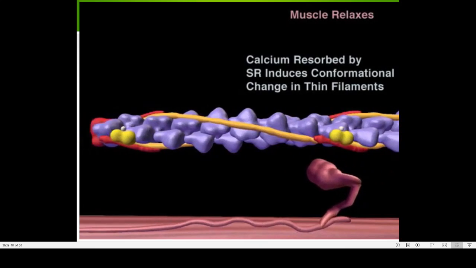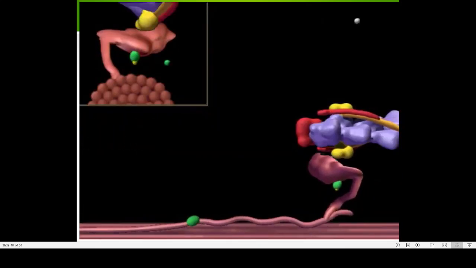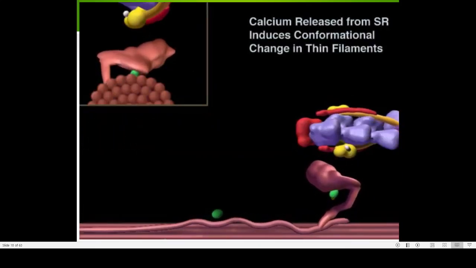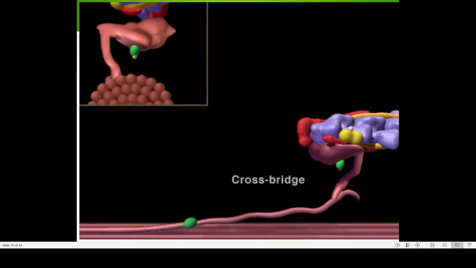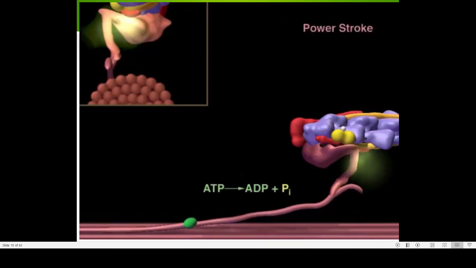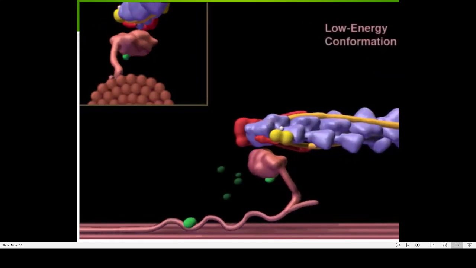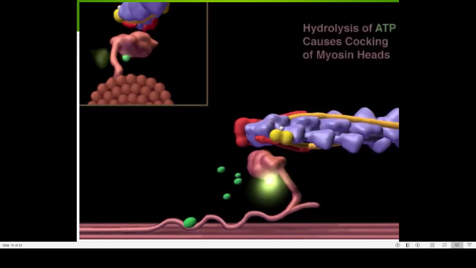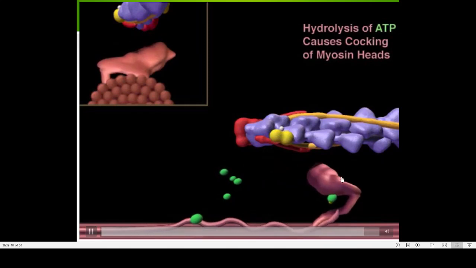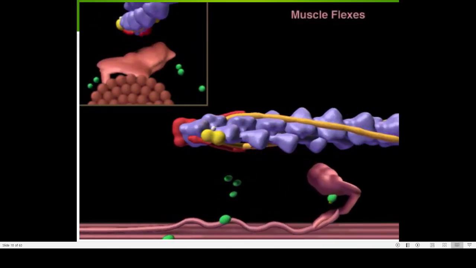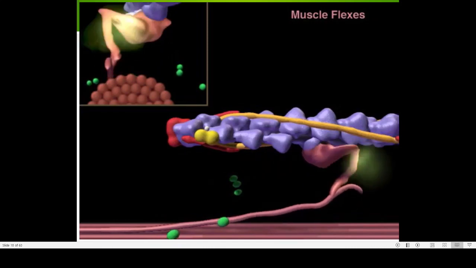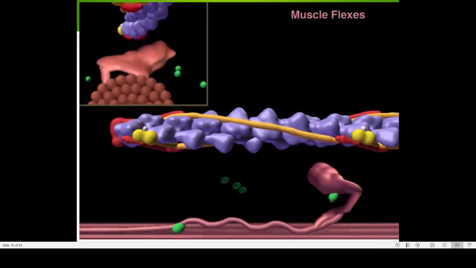For each process, energy is utilized from the ATP. So this process is what we call myosin cross-bridge, and ATP will be splitting, forming energy, and this is known as the myosin head. So this is how the muscle will be undergoing its contraction.